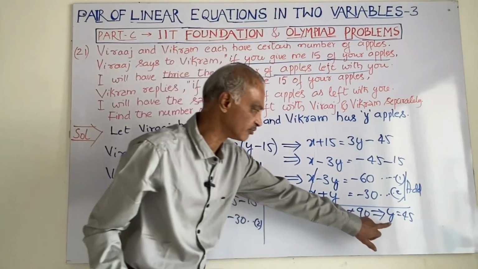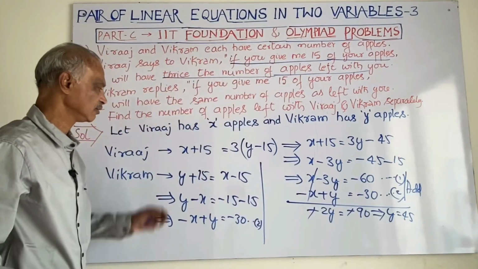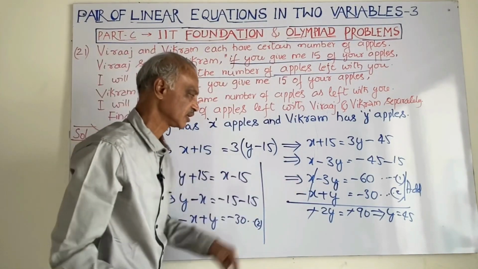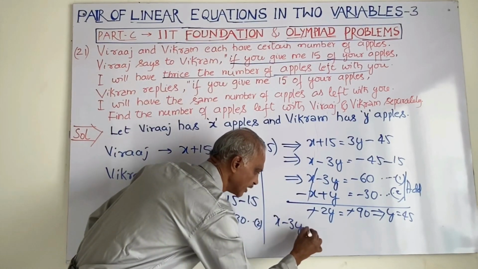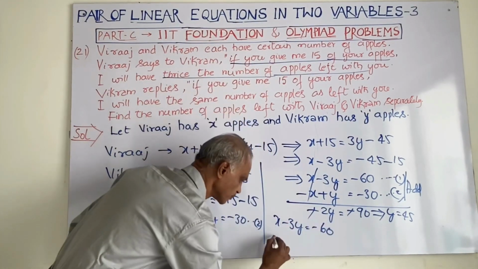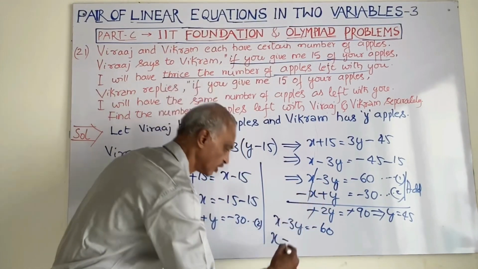Substitute the value of Y is equal to 45 in one of these two equations. I will take this equation, X minus 3Y is equal to minus 60, and substitute Y is equal to 45.